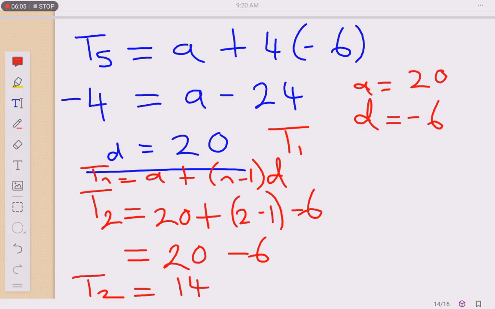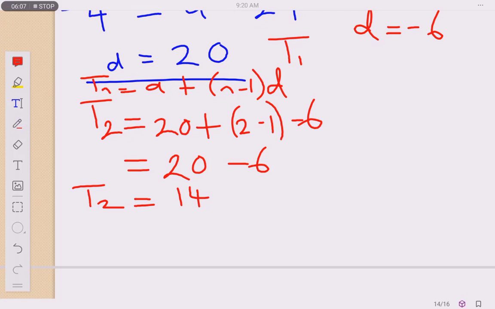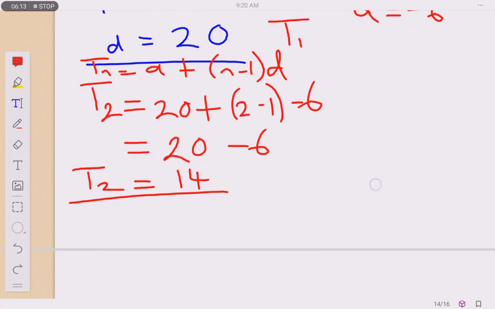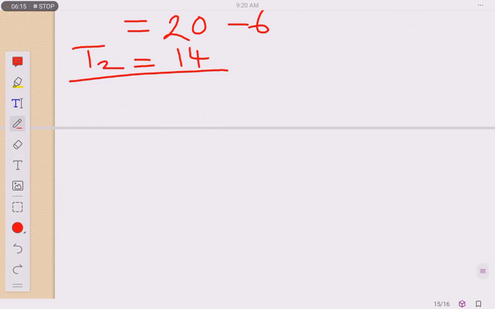Okay, that's our T2. Let's do for T3. T3, we do the same. T3 is equal to, again, 20 plus 3 minus 1 times our D, which is minus 6.